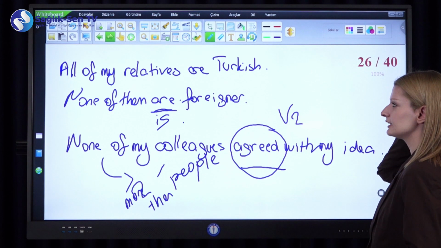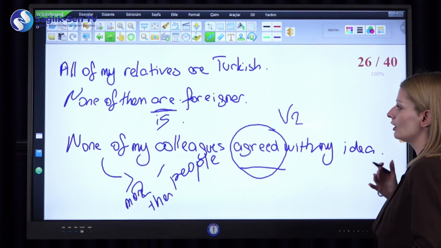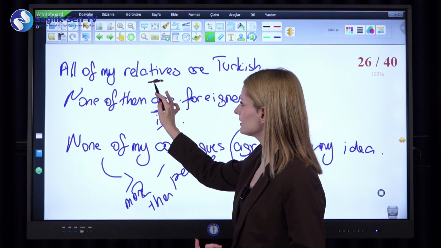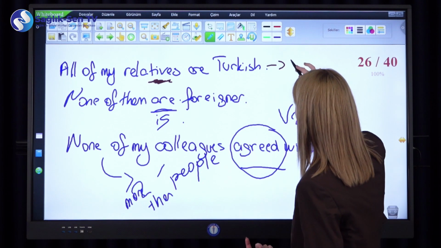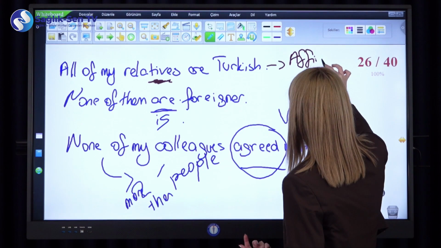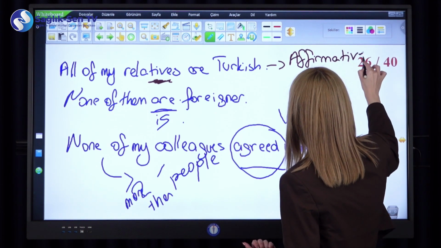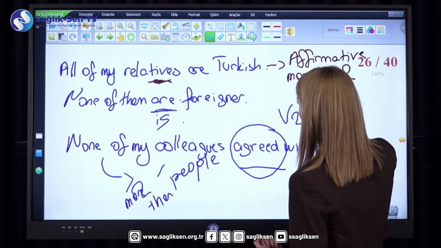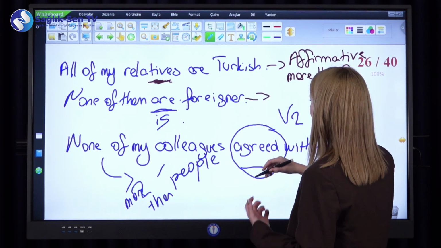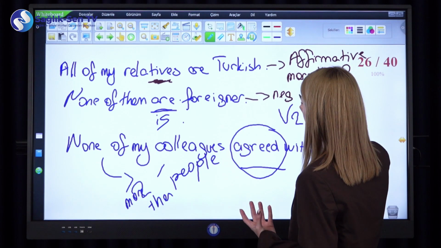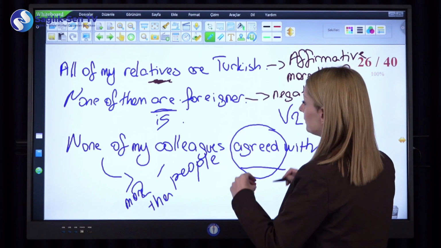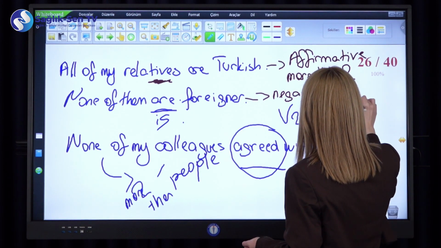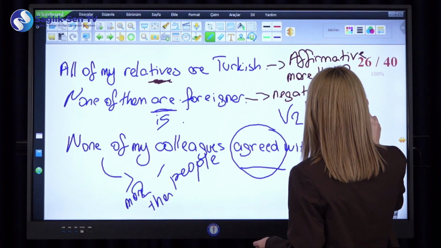None of them drinks or drink tea. All of my relatives are Turkish. None of them are foreigners. I am talking about an affirmative sentence here, more than two people. And in this one, I want to give a negative meaning. But again, I am talking about more than two people.